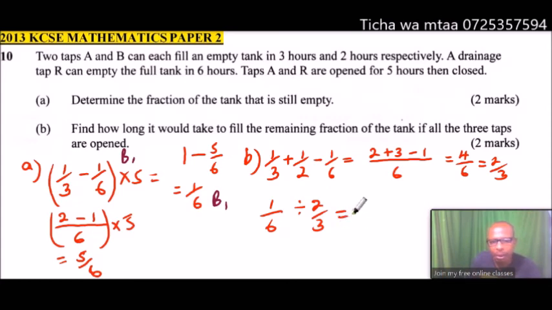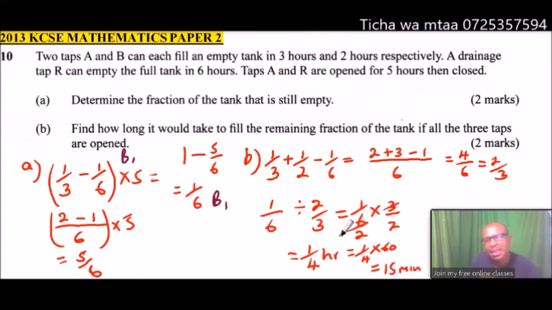You multiply by 3/2, and that will give you 1/4 of an hour, and 1/4 of an hour is the same as a quarter of 60 minutes. 60 minutes will give you 15 minutes. So this means that it will take 15 minutes to fill the remaining part of the tank, which is 1/6.